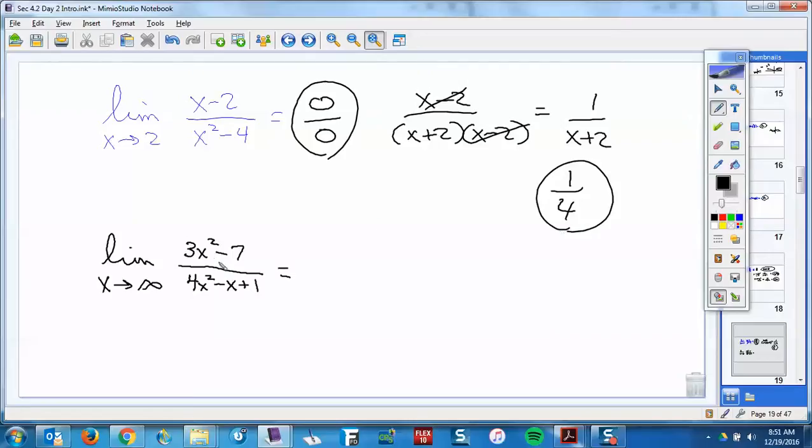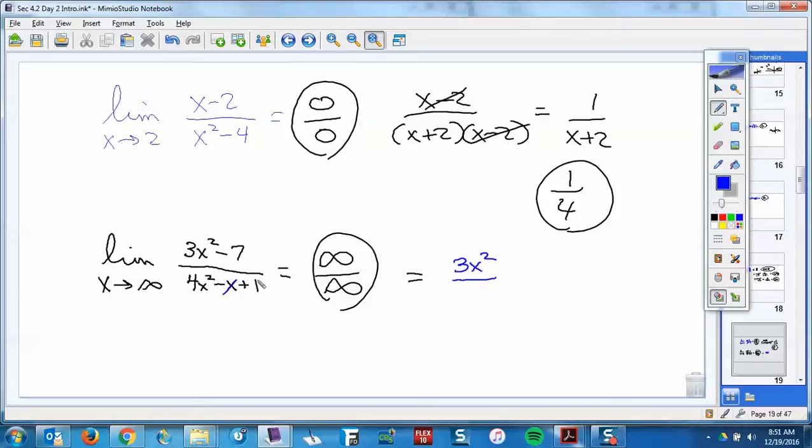So we get this. Okay, on this one, now, I know you wouldn't have written this, but this is an infinity over infinity, right? The top's getting big, the bottom's getting big. But you would also notice, so what'd you get for the answer on this one? 3/4, right? Because this is where we said, okay, the -7 doesn't really matter, so it's 3x squared.